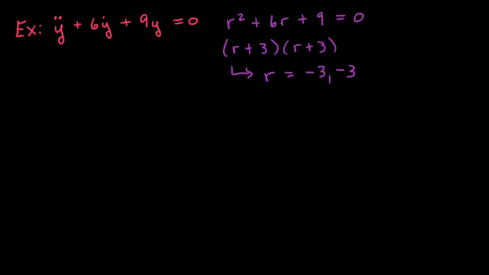Okay, so we can write the general form of the solution pretty much by inspection. We can just say that y equals C1 e to the minus 3x plus C2 x e to the minus 3x. So again, we don't want to forget that we have this x term in the second expression.